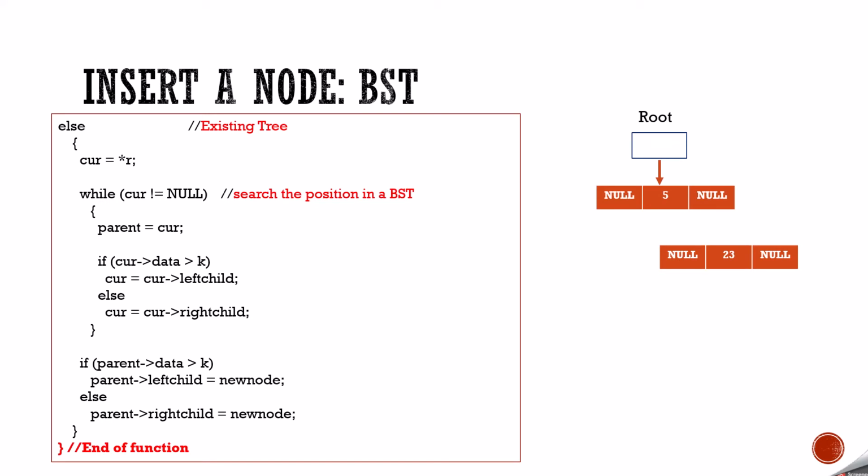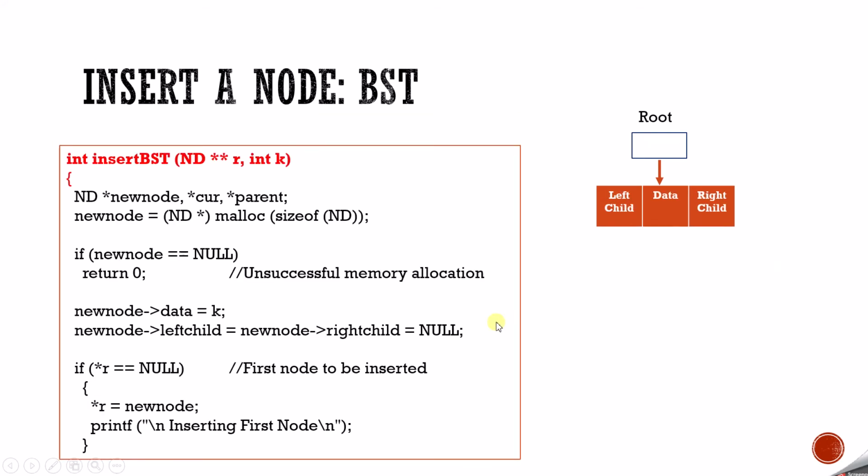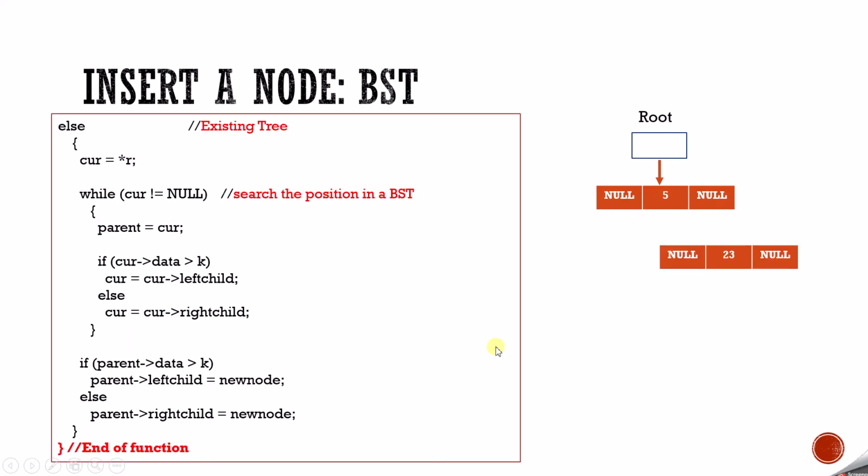So obviously what we have seen in the last slide, here also we are going to create exactly the same way, and from the main we are going to pass that value, and then we initialize or assign the value to the data part of the new node, and right child and left child will be null. So here in this example, the k is basically 23.